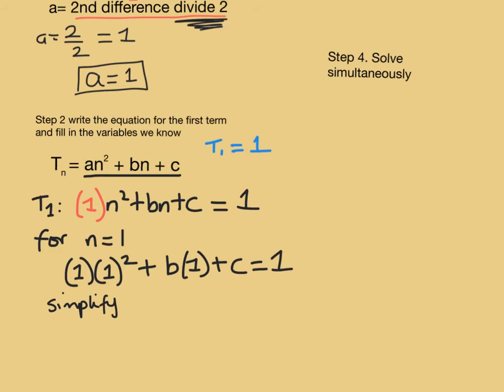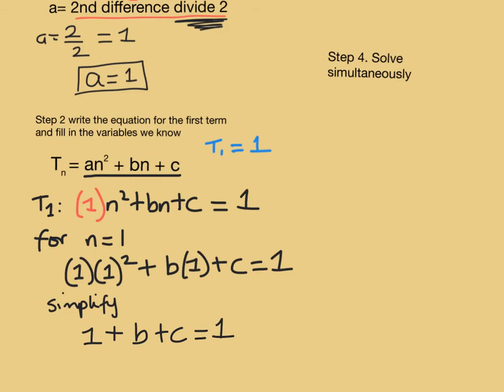Okay, so simplifying that, 1 by 1 gives me 1, squared is just 1, plus b by 1 is just b, plus c equals to 1.